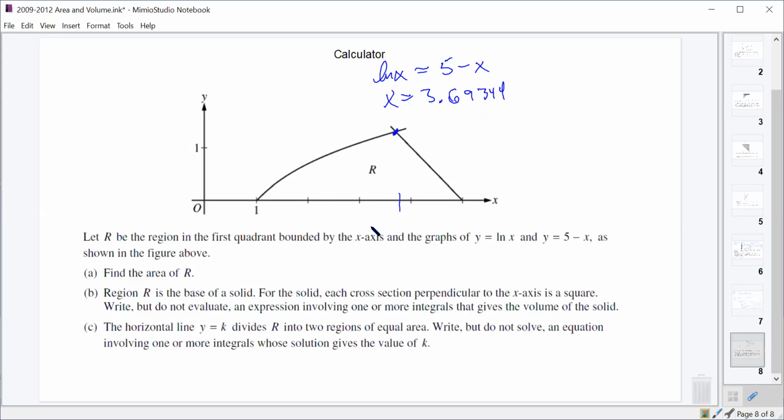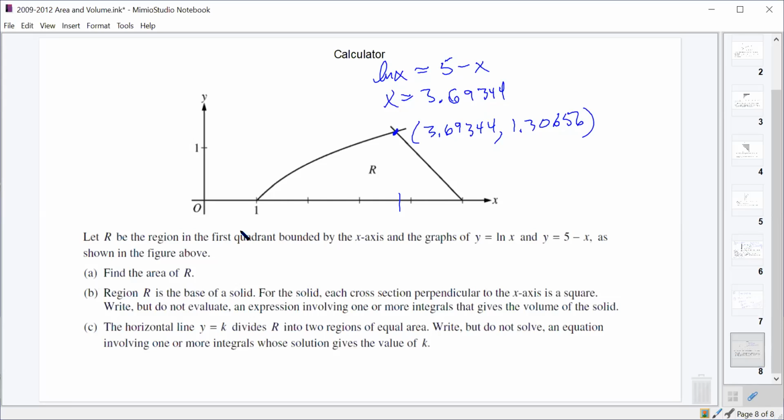And if you take the natural log of that, you get the Y value. Or if you do 5 minus that, you get the Y value. And that Y value came out to be 1.30656. So those are coordinates.